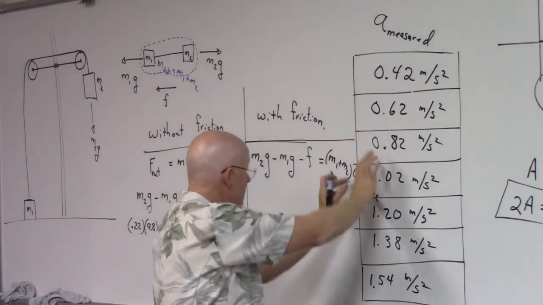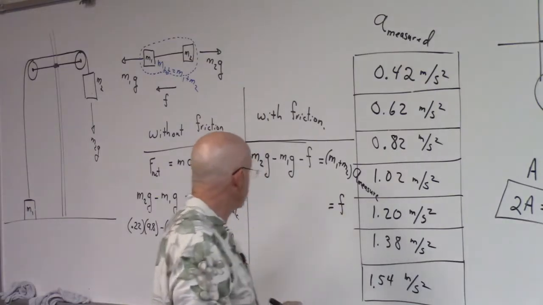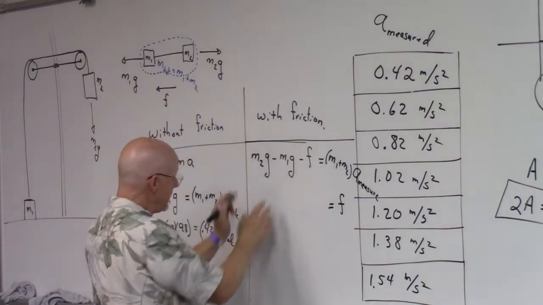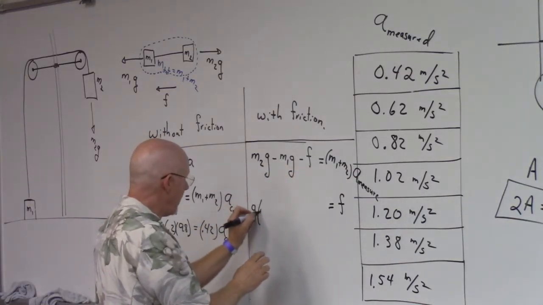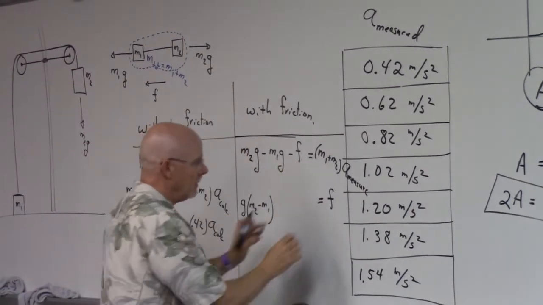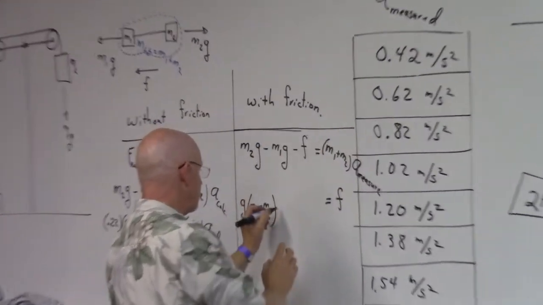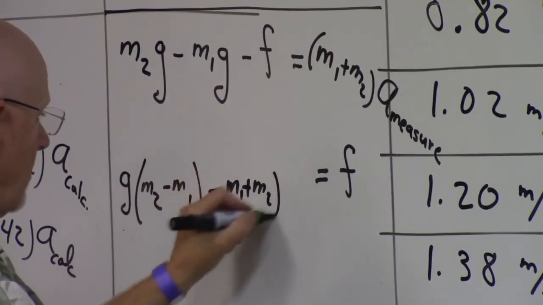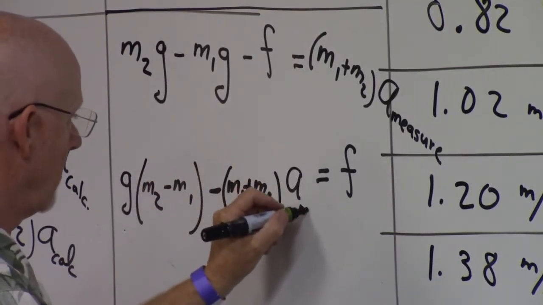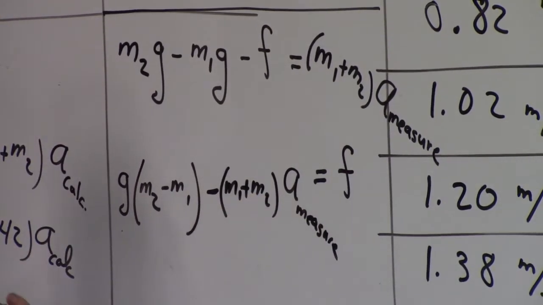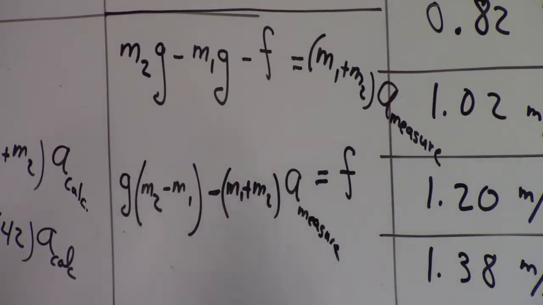But if I move this to the other side for the force of friction, and then I maybe take this and factor out a G, and then take this and move it to the other side, we, or I might say you, should be able to figure out how much friction there is.